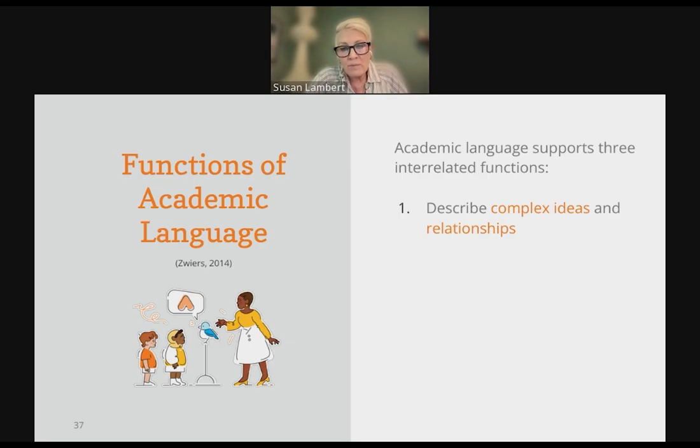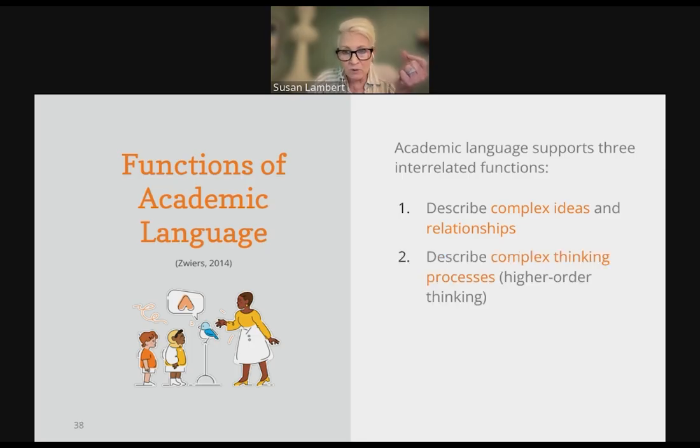If you know about this idea of gravity, you are better able to describe those ideas and how gravity is related to other things. This is really important, and it's not just in complex concepts such as gravity. You think about it in mathematics, or you even think about it in English language arts as we're talking about characters in a story, a setting in a story, right? There are some complex ideas and relationships that academic language can help support.